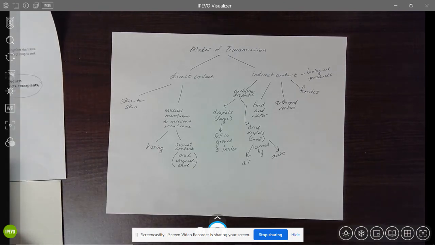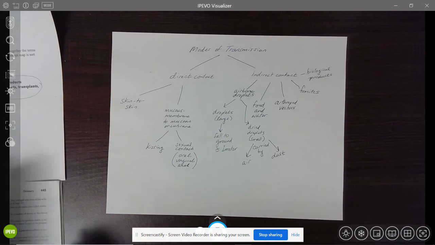I'm just taking a look in the index to see if they're talking about aerosols specifically here. I included the term because this term has been in the news when it comes to COVID-19, and I want you to know what this is referring to. It's not in the index. I'm checking the glossary.